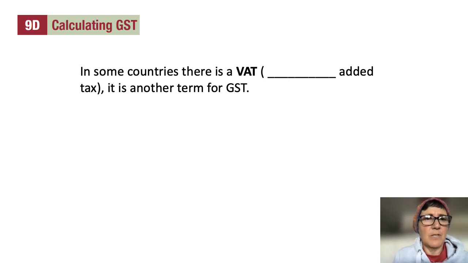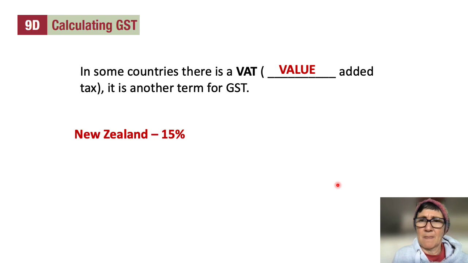Okay, so in Australia we have GST, the goods and services tax, but in some other countries they might have a GST or they might call it a VAT, a value added tax, and it's another term for GST pretty much. So New Zealand has a 15% value added tax. Okay, that's pretty current.